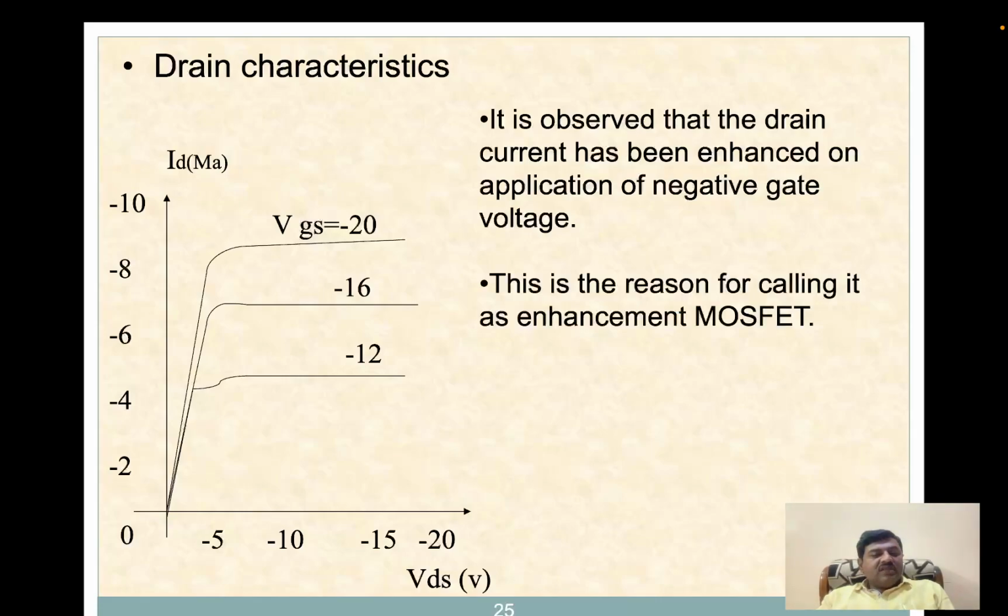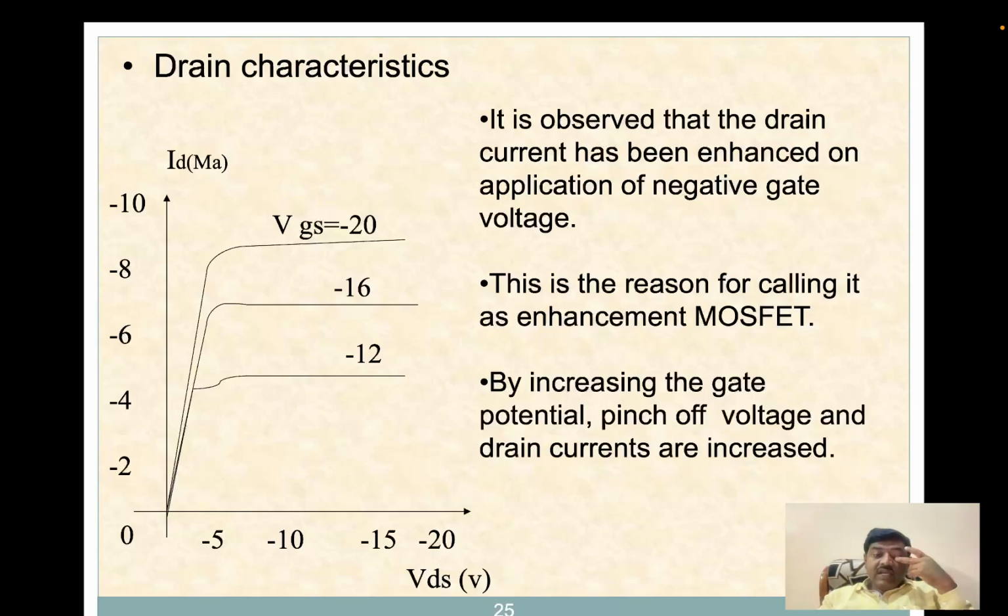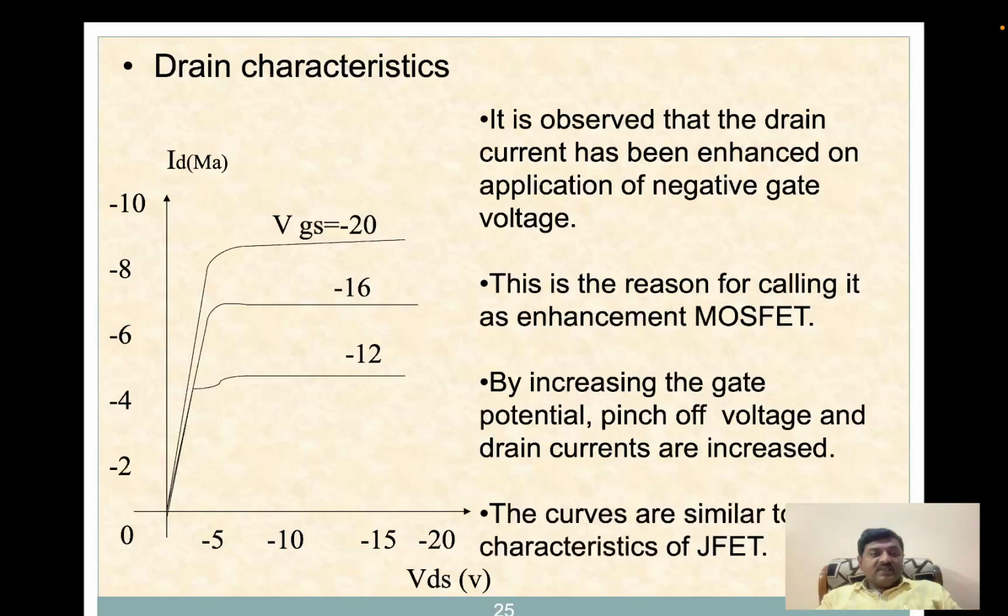So this is the reason for calling it an enhancement type of MOSFET. By increasing the gate potential, the pinch off voltage and the drain currents are increased. The curves are similar to the curves which you had seen in the FET. FET also will have similar kind of drain characteristics.